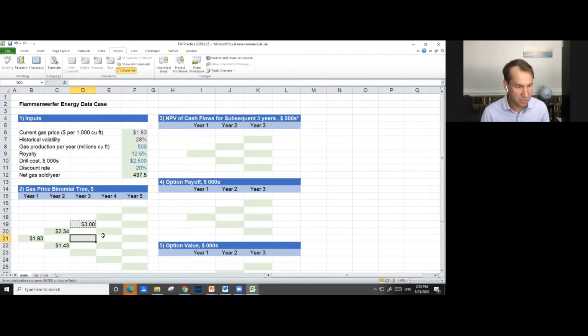If I copy it to the bottom, it'll pick up year 2 down. In year 3 down, I would copy the formula from year 2 down. So it's using the same logic, right? And then going up, I'll be copying and pasting formulas that are going up. And then going down, I'll just copy the formula from the prior year going down. So that's just a quick way of populating the binomial tree if you freeze the right cells.